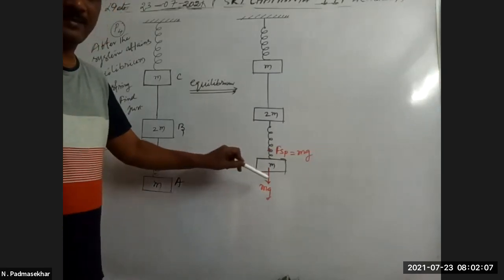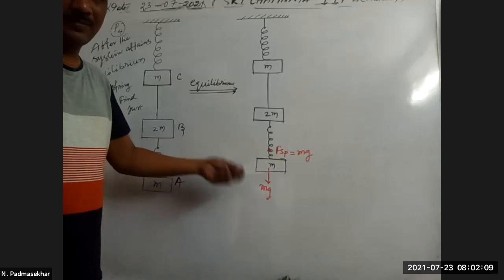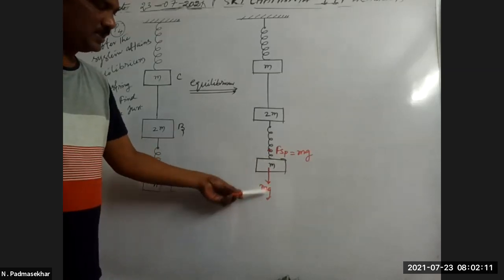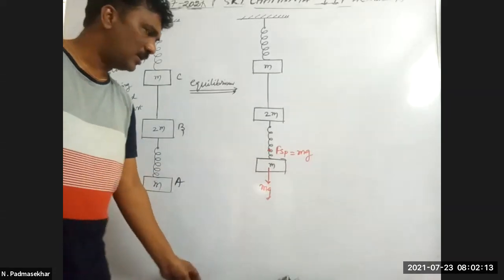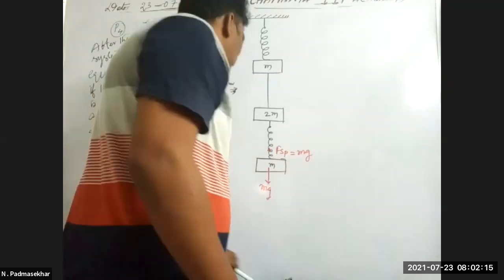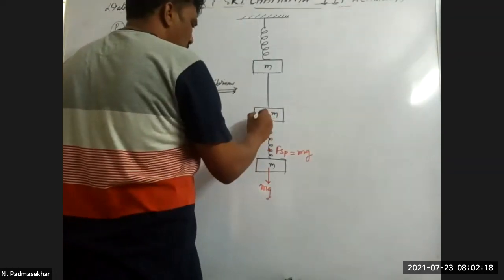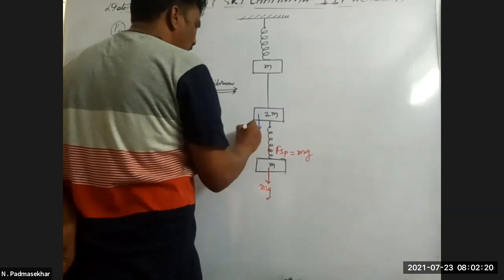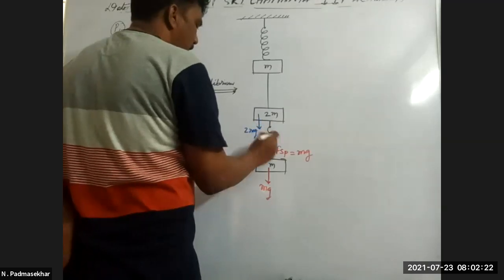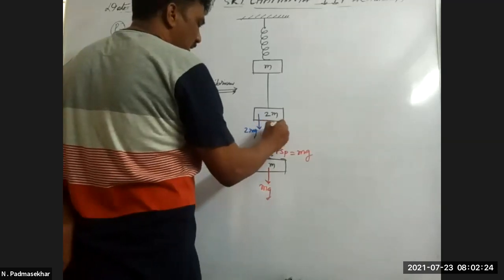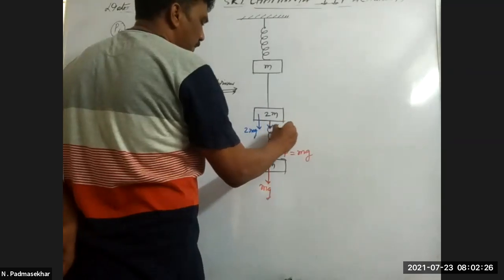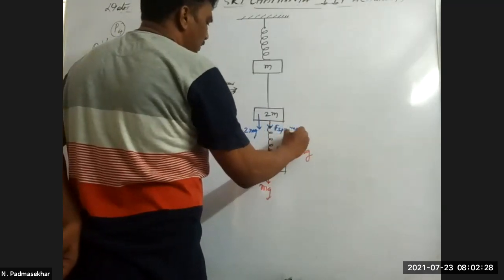No other force is acting, so just mg and a spring force under equilibrium. And for this block, the weight is 2mg, and this spring force is acting like this. FSP is equal to mg.